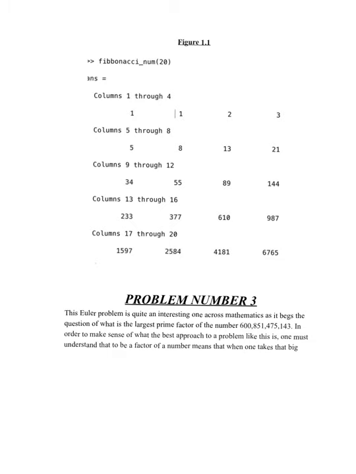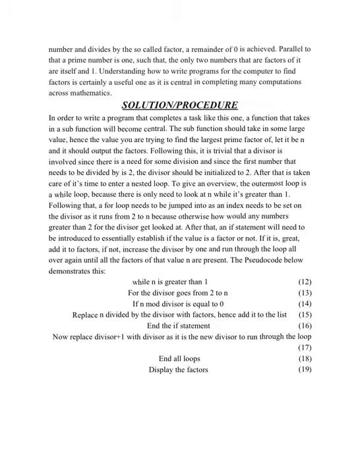So let's think about how we might use the computer as a crutch here. You can see here on the screen the pseudocode that I wrote to make this happen. But in general, the idea was, if we let n greater than 1 be the while condition, while n is bigger than 1, the divisor goes from 2 to n, divisor being the number that we're dividing by.